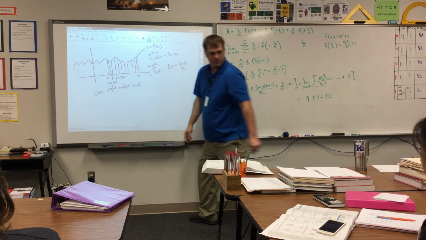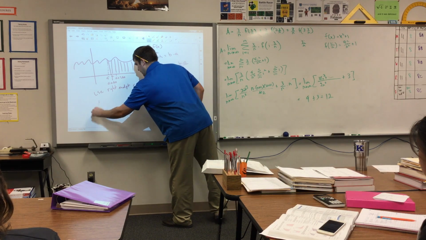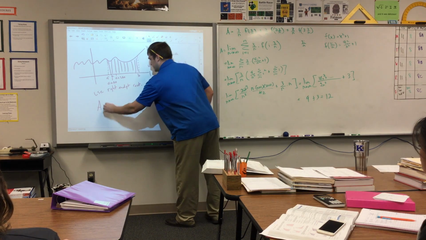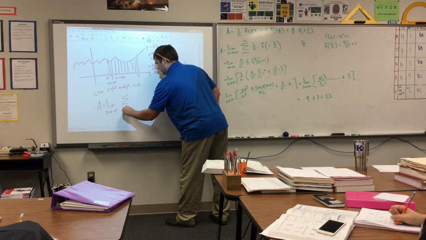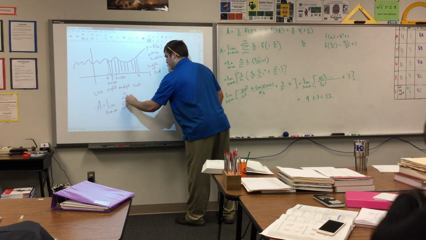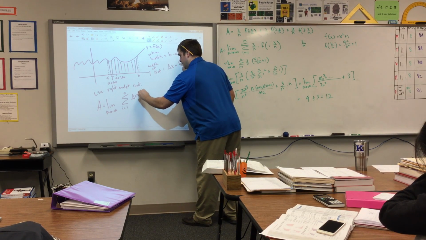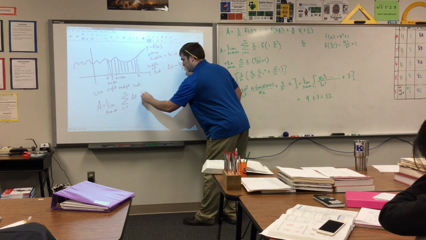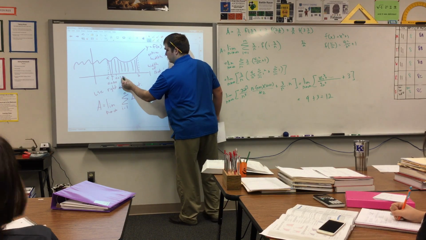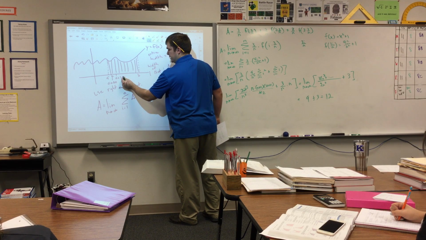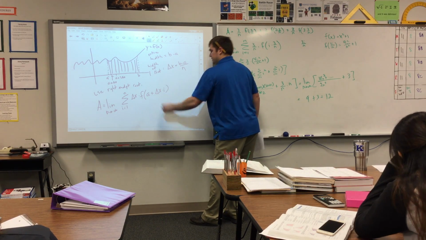Okay? So what you would have for your area, if you're doing right endpoint rectangles, is the limit as n approaches infinity of the summation from i equals 1 to n of delta x, that's the width, okay, times f of a, which is our lower bound, plus that first one is delta x, then 2 delta x, then 3 delta x, so we would say delta x times i.